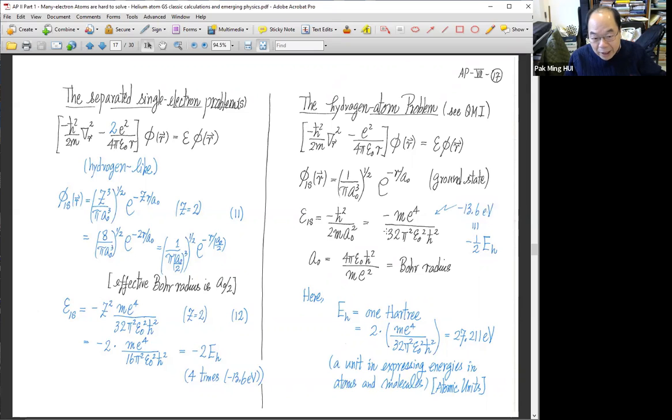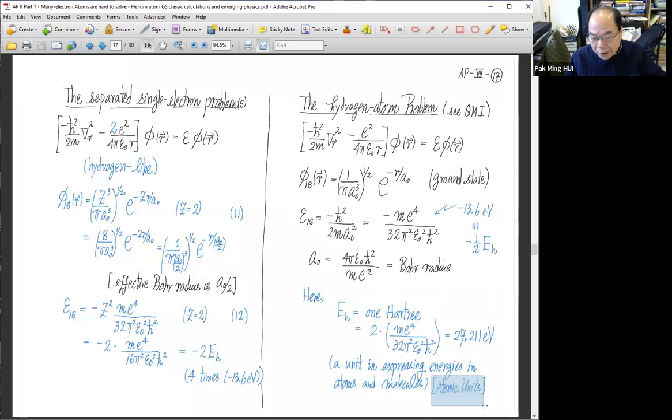So basically, we replace this by 1/2 Hartree. That is the definition of the half Hartree. In other words, the hydrogen ground state has the energy of minus half Hartree.